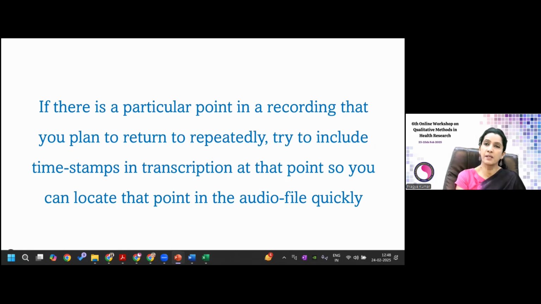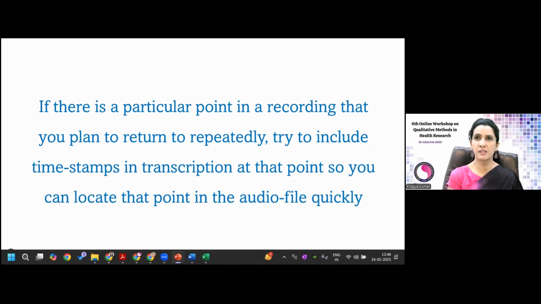Timestamp means at which time it happened. Maybe at 3 minutes 30 seconds, something is not audible or not clear to you. Maybe some local term is there, or something which you cannot decipher. In that case, in brackets, you put that timestamp.